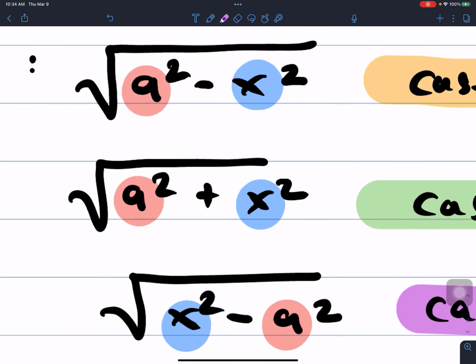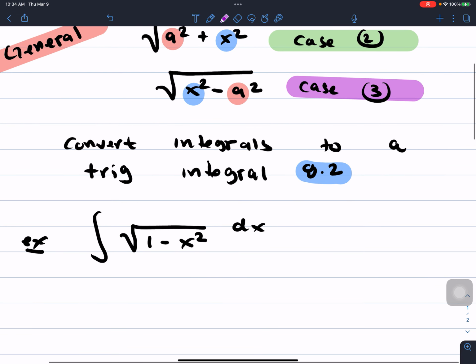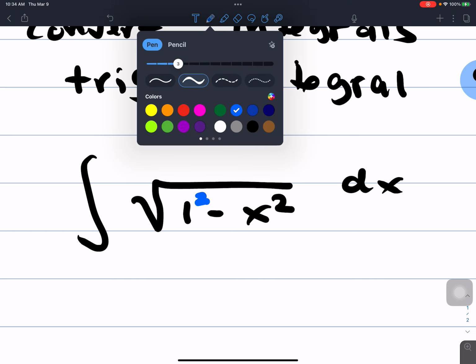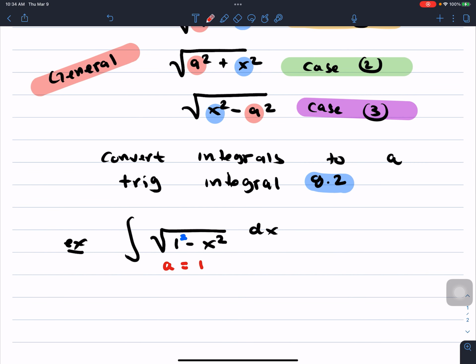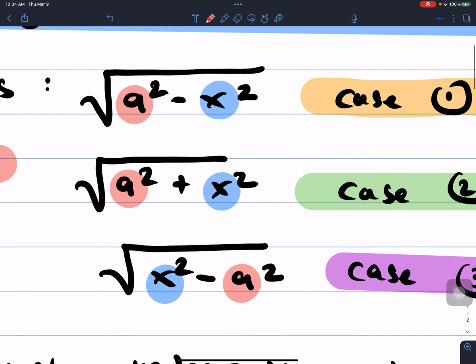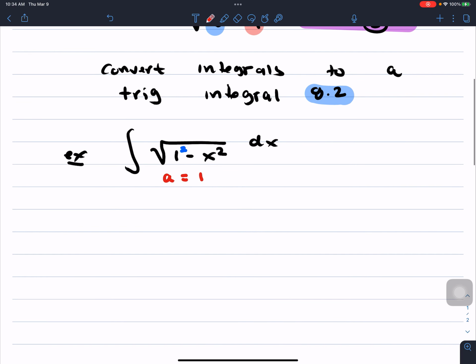Don't I have to have an a squared minus x squared? Well, can you think of 1 as really 1 squared? You guys see what I'm saying? So in that case, what does a equal? A is 1, is that true? Because you're looking at this case 1, yes. So you're going to have to identify what you're looking at. Easy peasy lemon squeezy? So far so good?